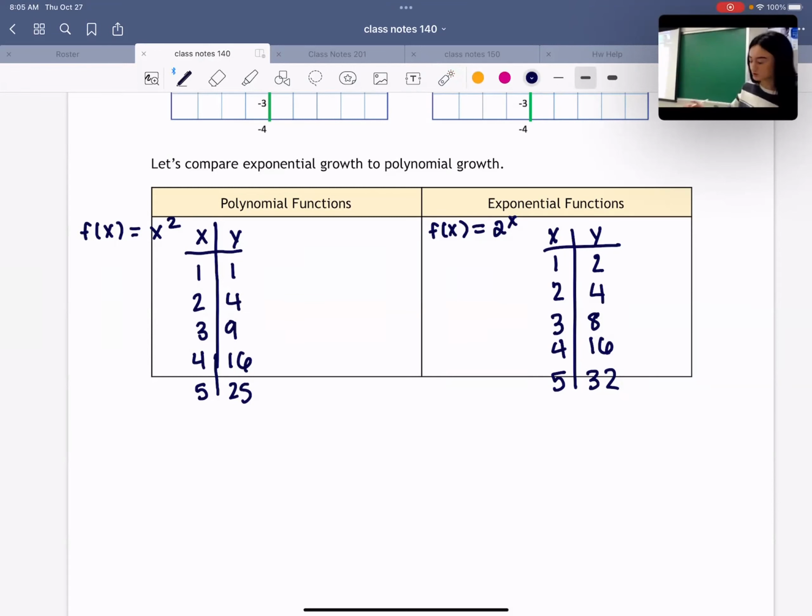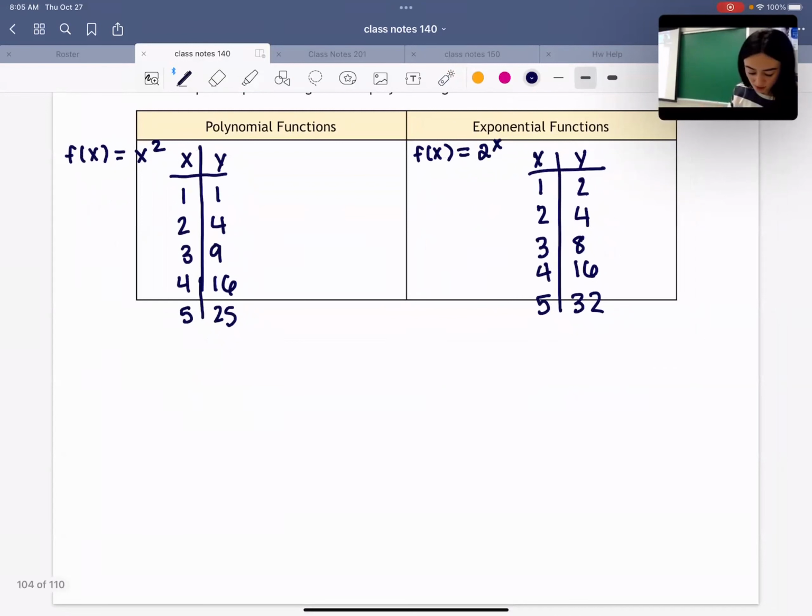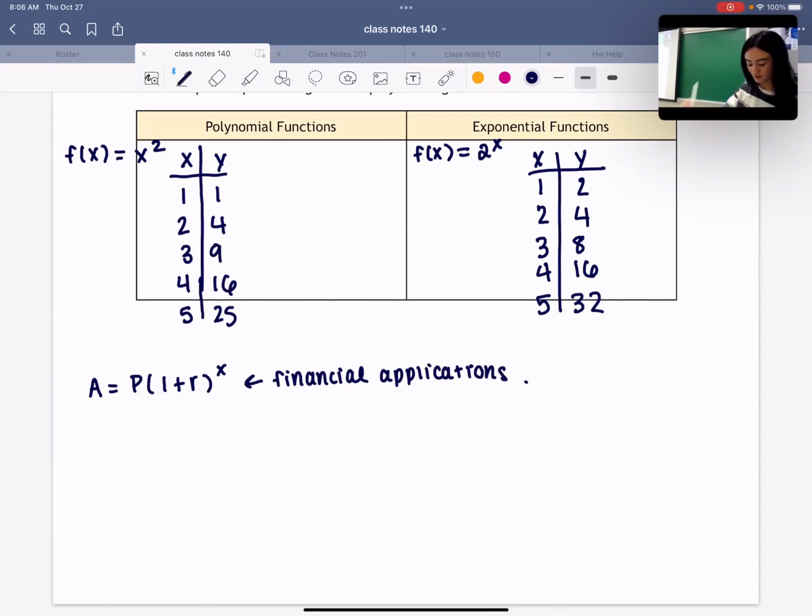If you ever do a banking example, you might see this equation, A equals P times 1 plus R to the X. We won't do much with that, but this equation is used in a lot of financial mathematics, so it has a lot of financial applications. I'm not going to go into how this happens. I'm just going to tell you the result of this.